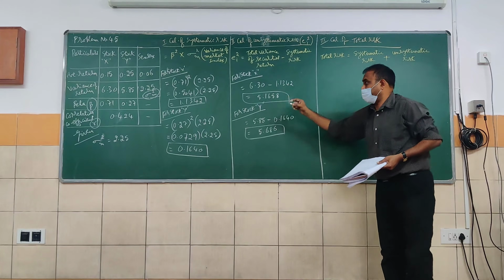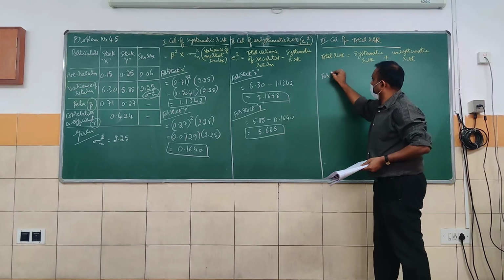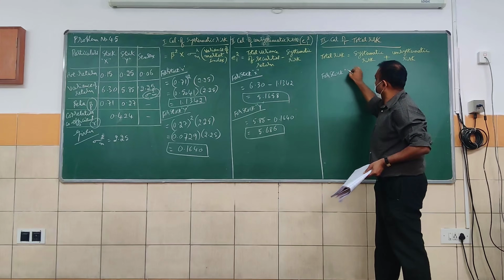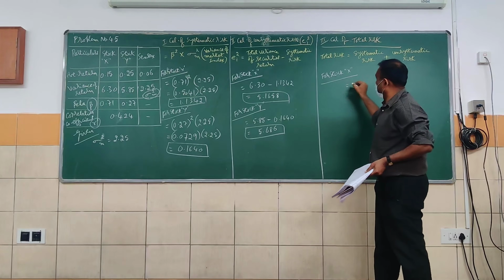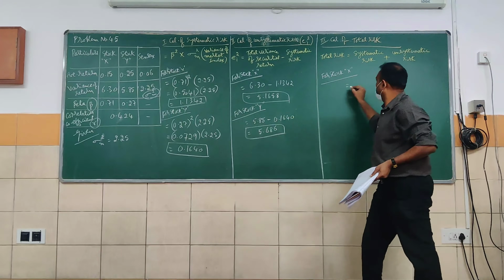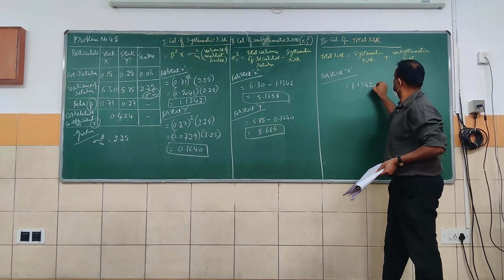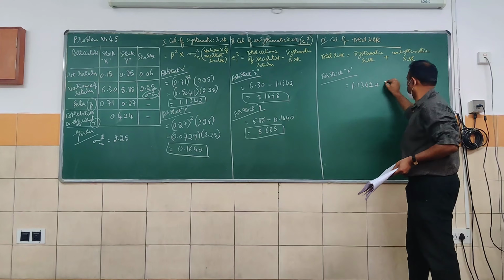Both the values we have here. Systematic risk plus unsystematic risk.